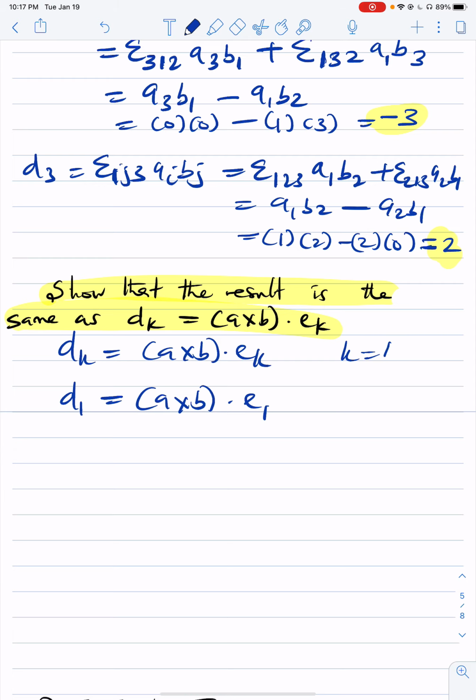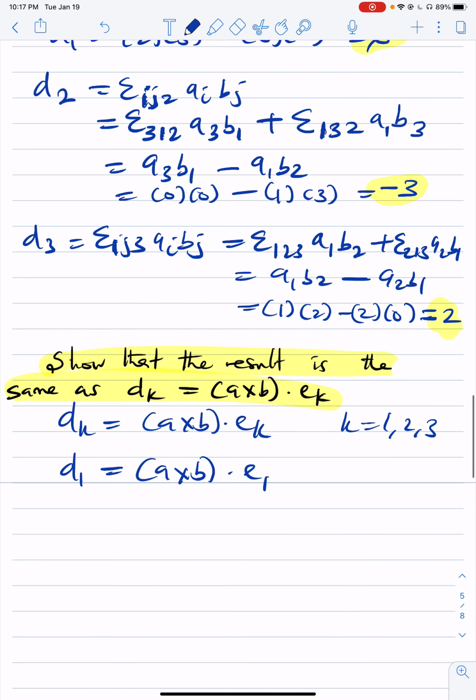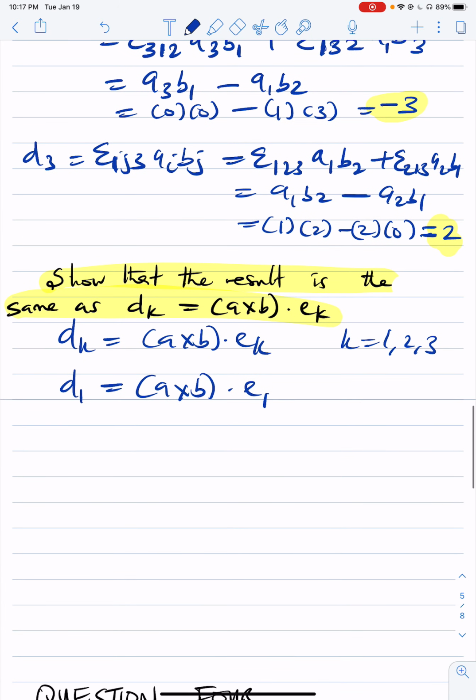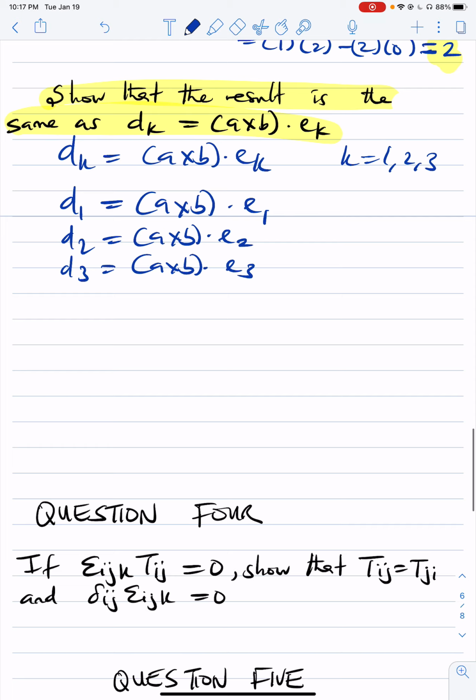Here for k, we're going to be trying 1, 2, and 3. Now, what this means is that D1 is A cross B dot e1. If you look at D1 already, we got 6, meaning we should be able to get 6 from A cross B. Now D2 is A cross B dot e2, and D3 should be A cross B dot e3. So let's just find A cross B. If you find A cross B, we're able to get the other expressions.